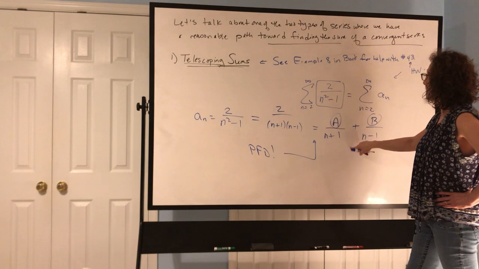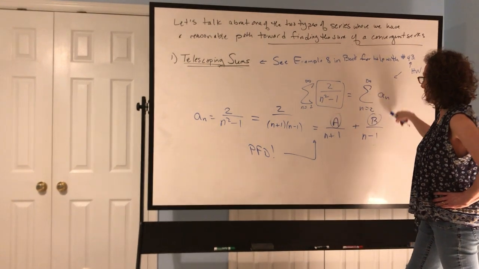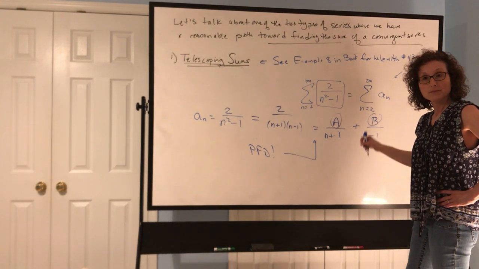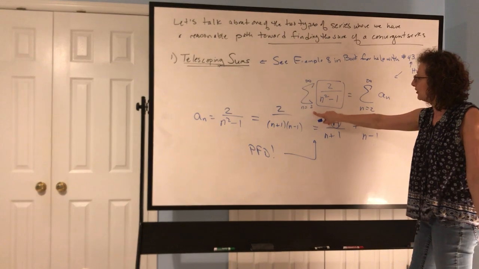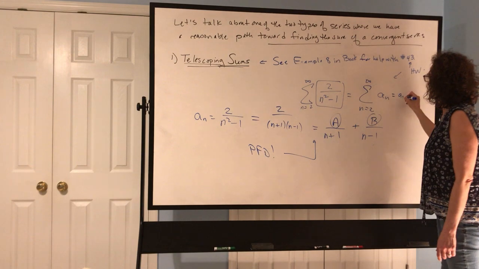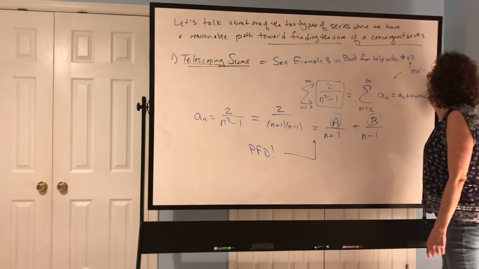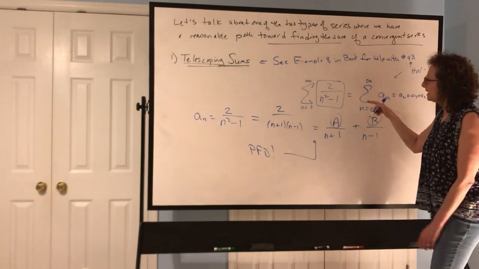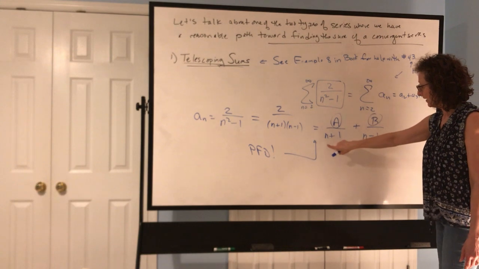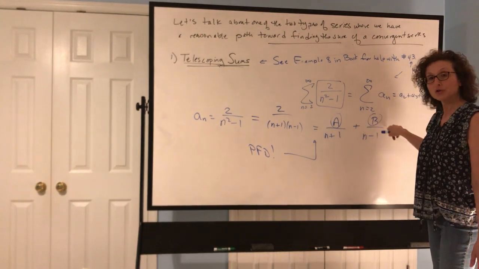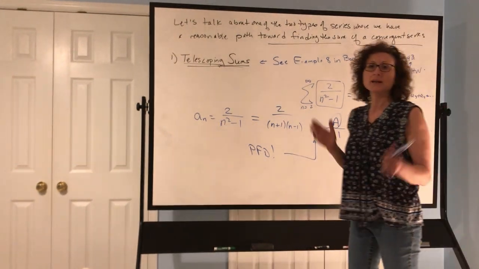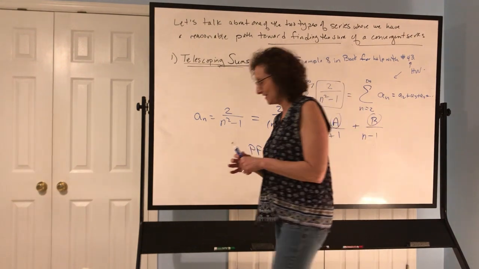Then replace a sub n with this, and start putting in your partial sums. This starts counting at 2, so S1 will just be a2, then a2 plus a3 plus a4. But instead of a sub n being 2 over n squared minus 1, you're going to use the partial fraction decomposition after you determine what A and B are. And A and B ought to be opposite sign so that things cancel, right? That's kind of the deal.